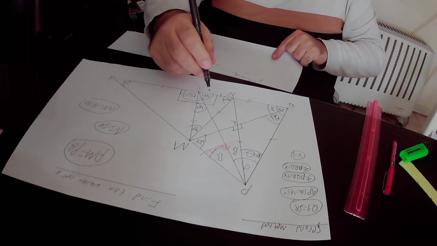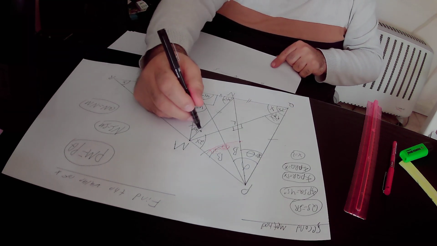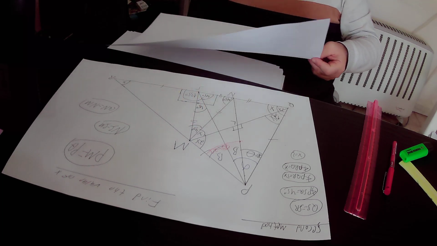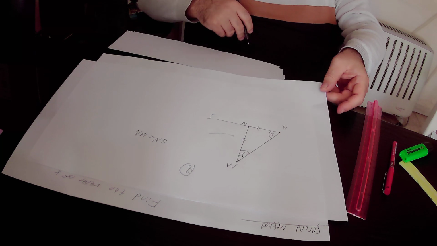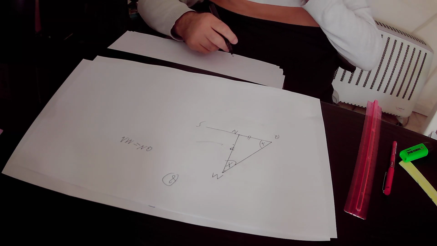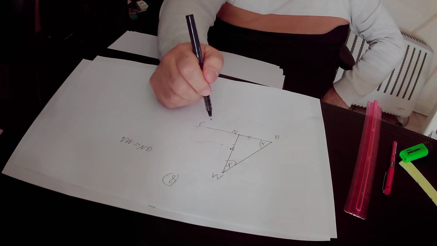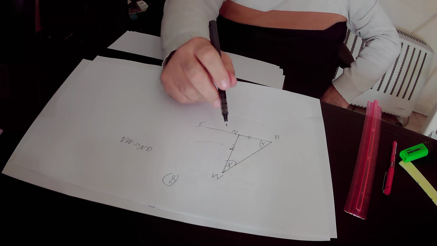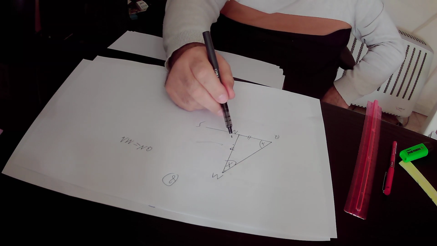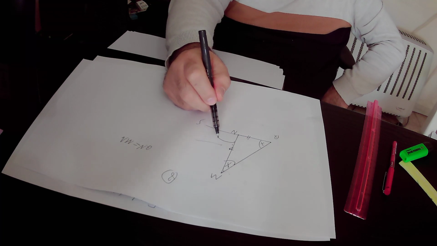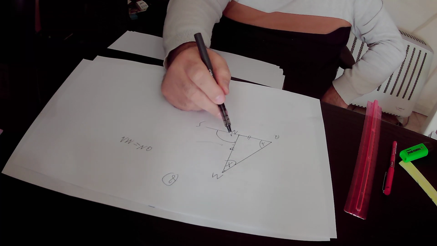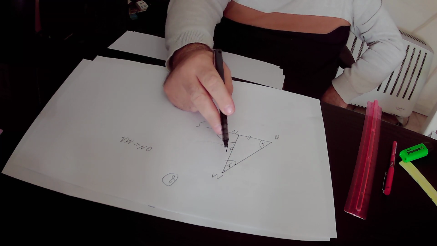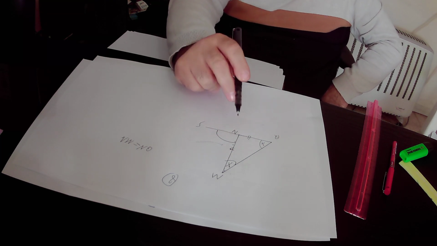So here this angle equals x also. So angle MNS is an exterior angle of triangle QMN. I will repeat again. This angle MNS is an exterior angle of triangle QMN.